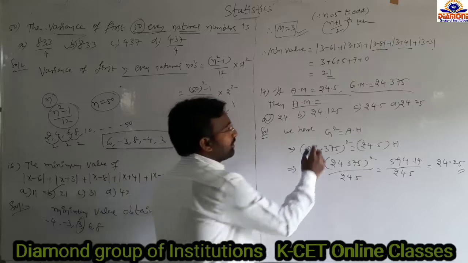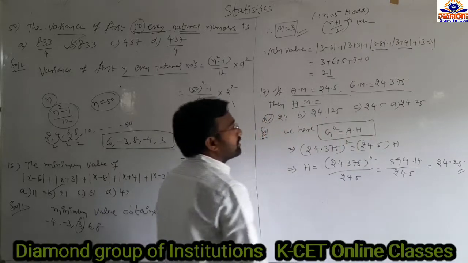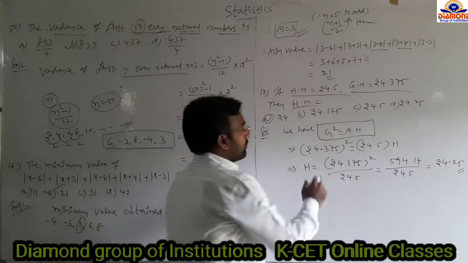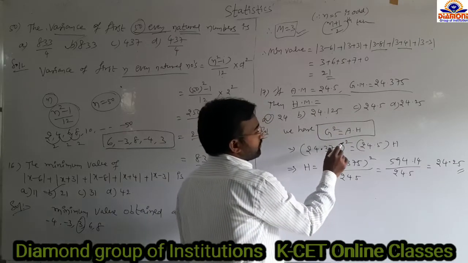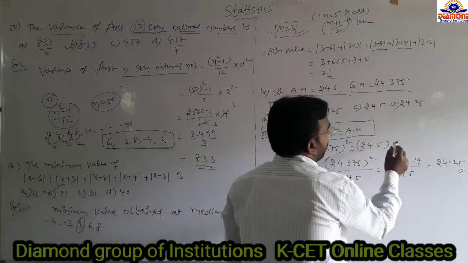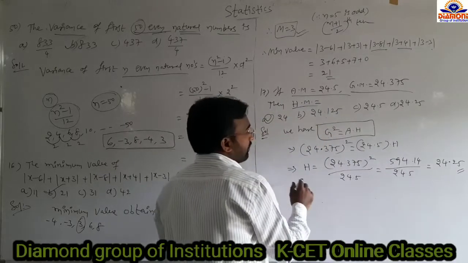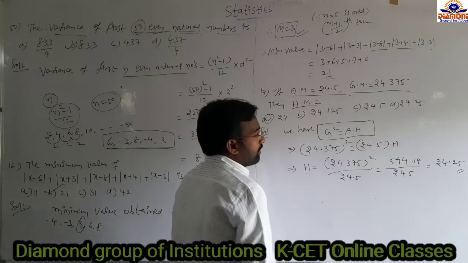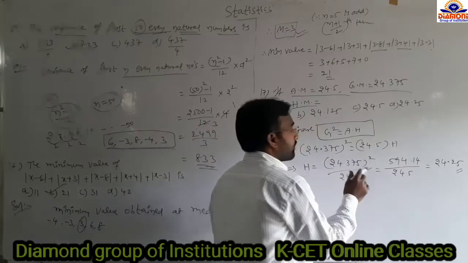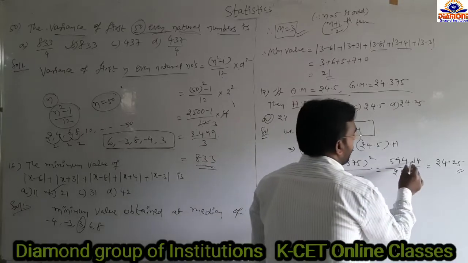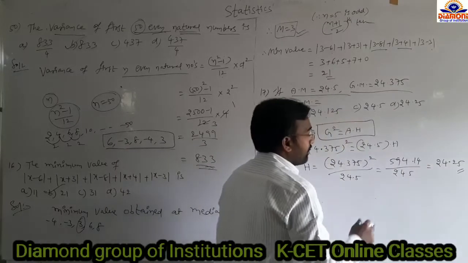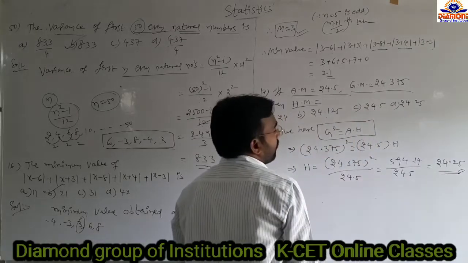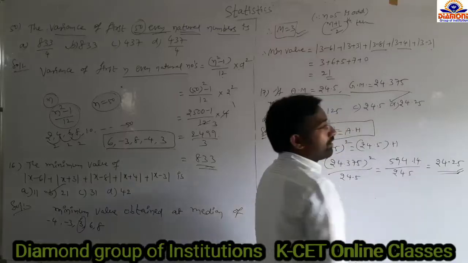Already G and A are given, so substitute to get H. So 24.375 whole square equals 24.5 into H, which gives H equal to 24.375 whole square by 24.5. 24.375 whole square is about 594.14, divided by 24.5 is 24.25. So option is D.